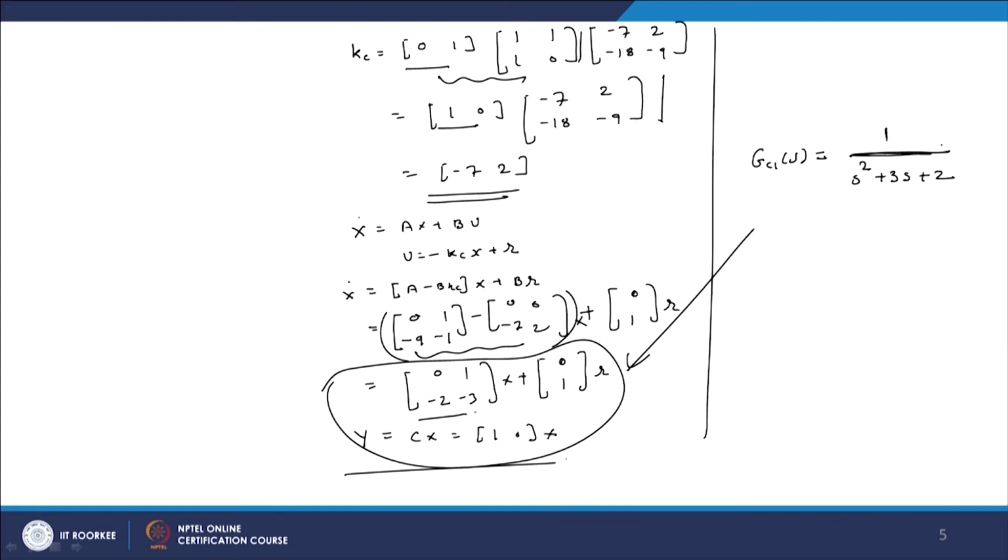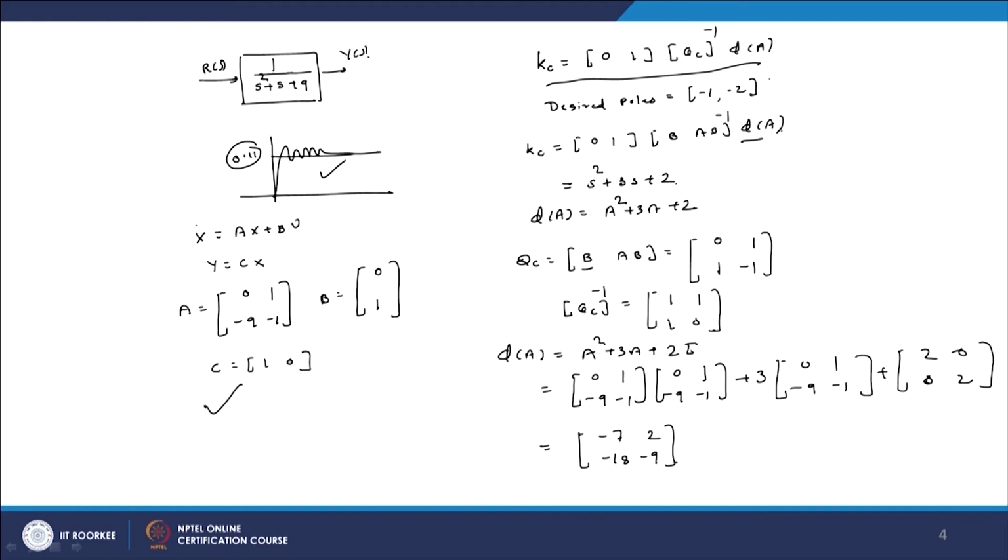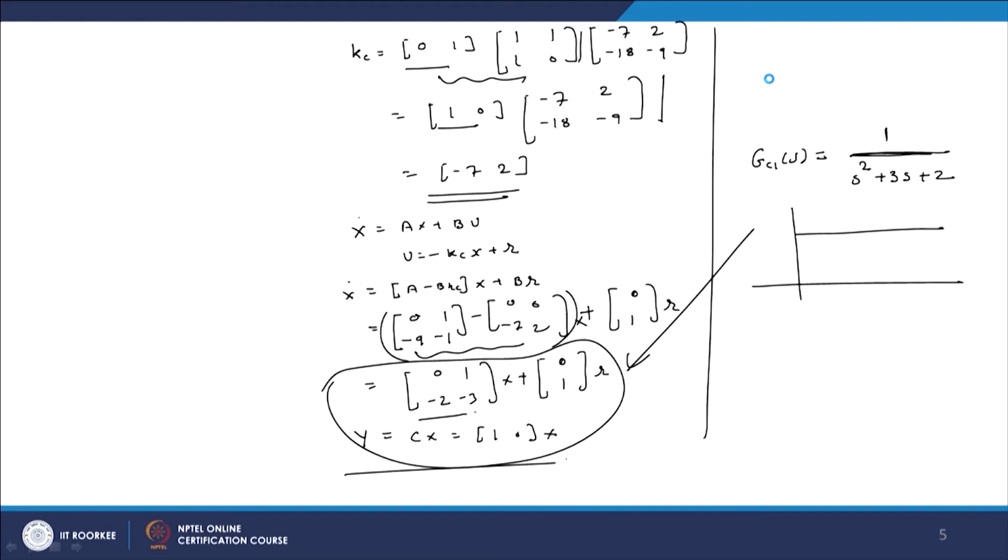Now, this is the closed loop transfer function, and if you determine the response of the system, as we have placed the poles at minus 1 and minus 2, that means the system is of overdamped nature.